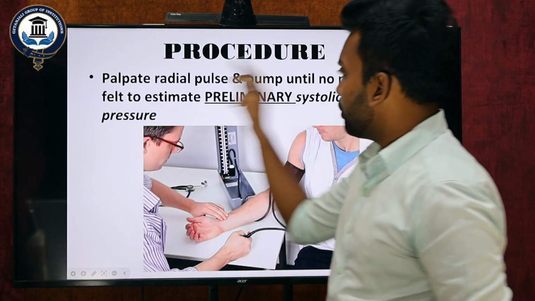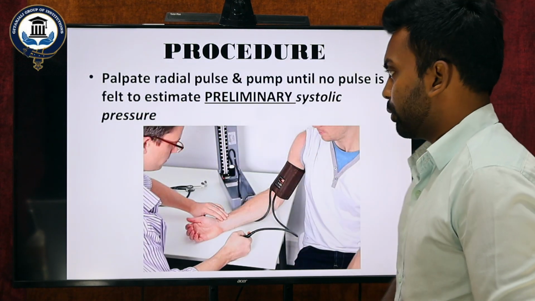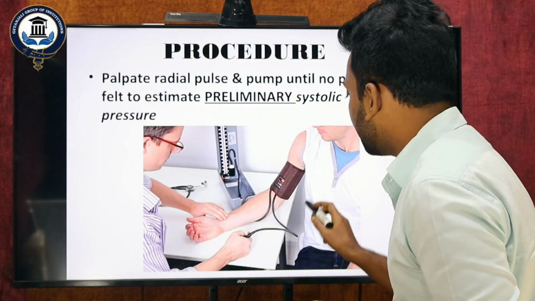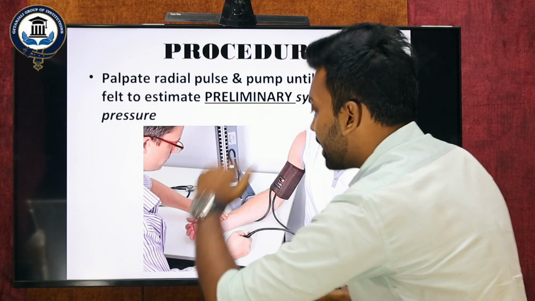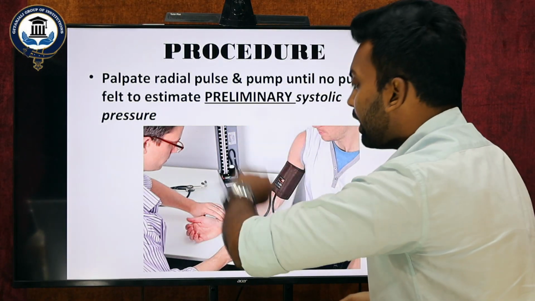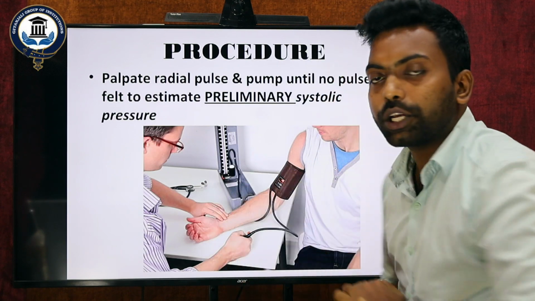And the next one is the procedure. So what exactly is the procedure? As shown in the picture, you can place one hand over the pulse. This is called the manual method of checking blood pressure.